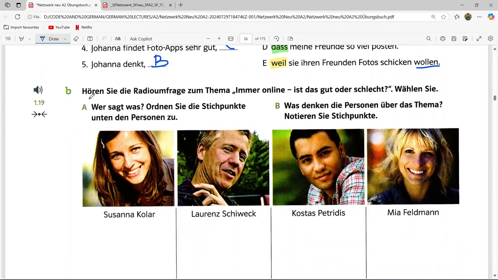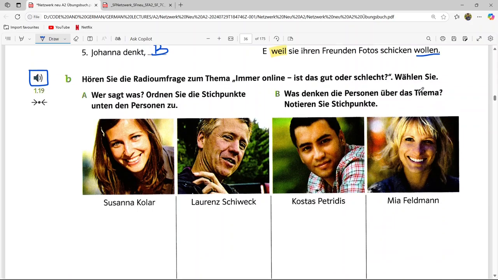Next one, listening task. Hören Sie die Radio-Umfrage zum Thema immer online. So here the radio survey with the theme always online. Is that good or bad? And then you have to choose the options.